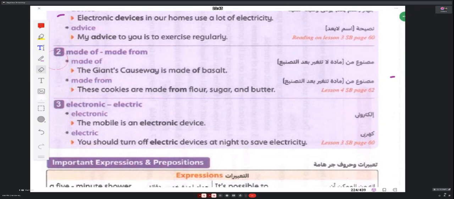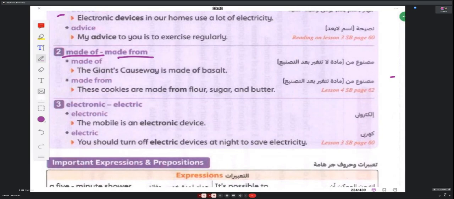Made of means that you made something from something, using something. Made from is also the same. But there is a difference: made from is the recipe, like you say the recipe, how something is done. Okay, I'm going to tell you the difference between made of and made from.